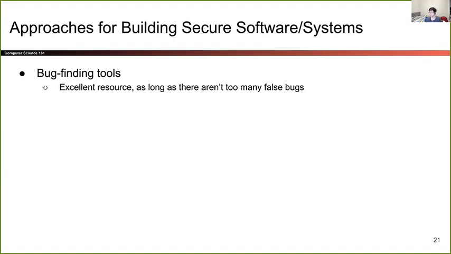We've caught many bugs using these tools in the past, as long as the tools don't spit out too many false positives, too many false bugs. It detects a bug when there isn't actually a bug there. If it does detect too many bugs, then suddenly we're wasting programmer time and the programmer is not going to use your tool anymore. You can, again, think about human factors, but you should make sure that your bug finding tools are only finding bugs that actually exist.